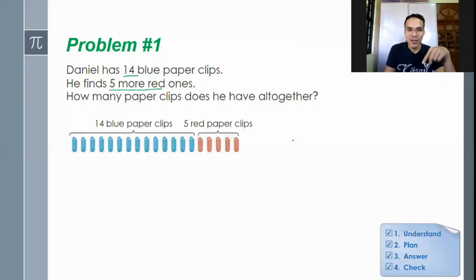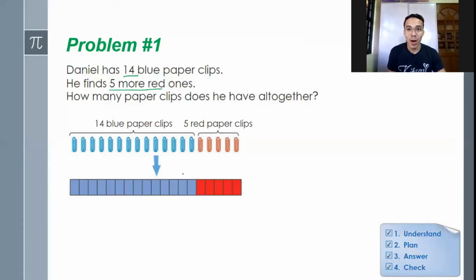Okay, so first, let's have 14 blue paper clips and 5 red paper clips. Sometimes we're just going to use blocks, boxes, or just bars. In this case, I changed the paper clips to bars. So I have here 14 bars to represent 14 blue paper clips and 5 red bars to represent 5 red paper clips.